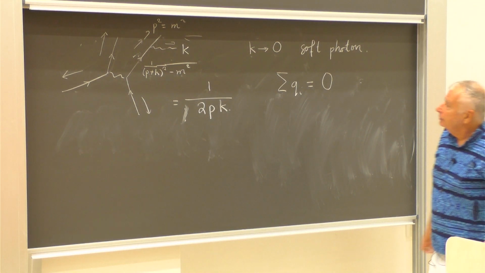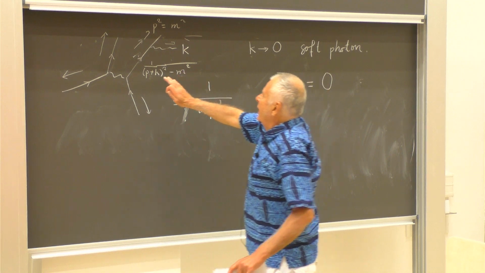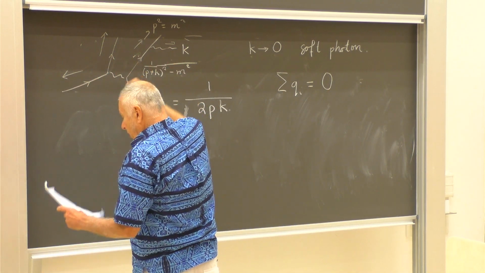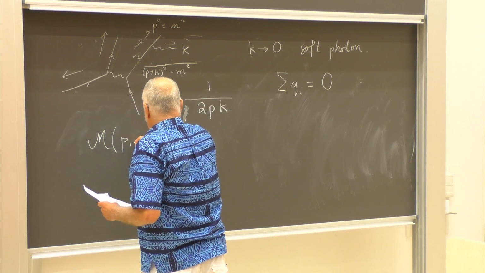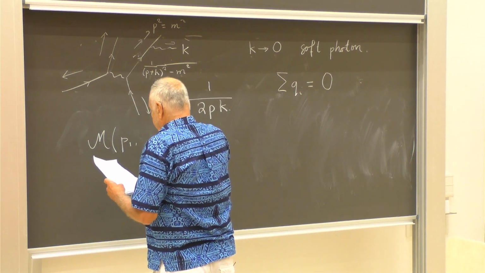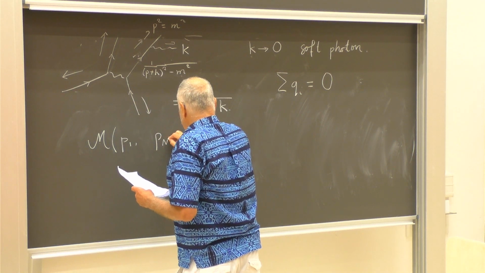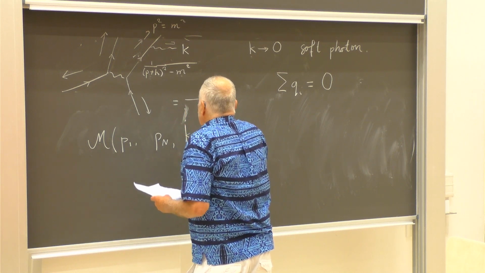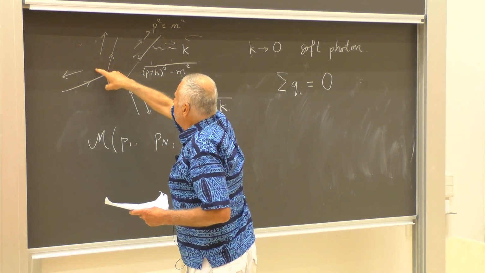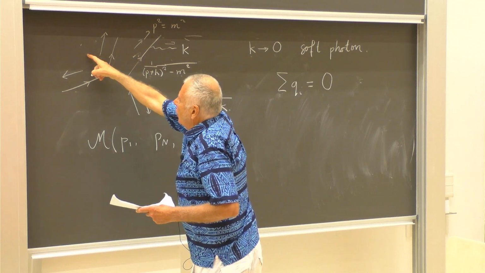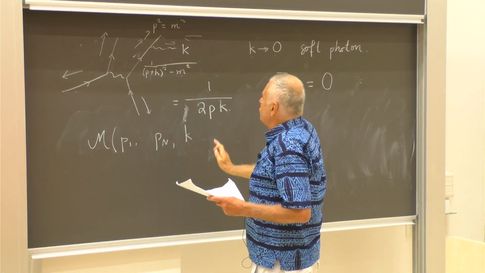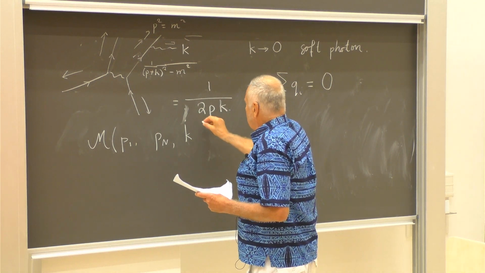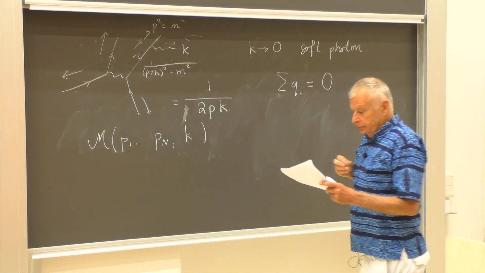So now I fix some number of external momenta. In other words, I consider an amplitude with some number of particles with momenta p1 to pn, and there can also be some hard photons, and I consider a limit in which one photon becomes soft.